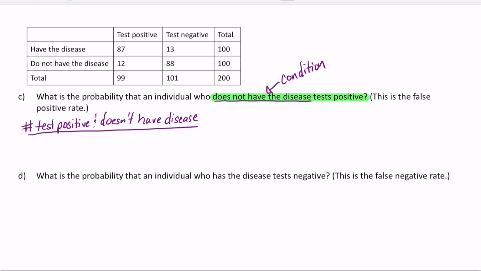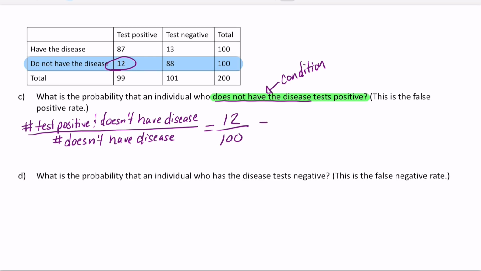And we'll divide that by the total number of people who did not have the disease. So I'll start by highlighting that smaller sample so that we can narrow down our focus to the number of people who do not have the disease and find how many of them tested positive, which happens to be 12. And we'll divide that by the total number of people who did not have the disease, which is 100. 12 divided by 100 is 12%.